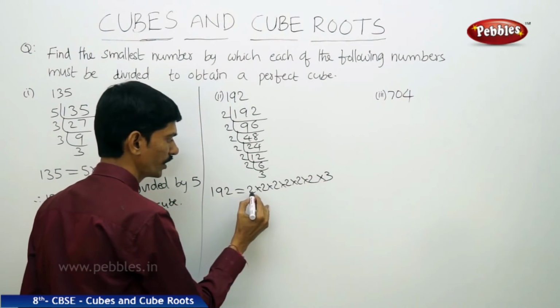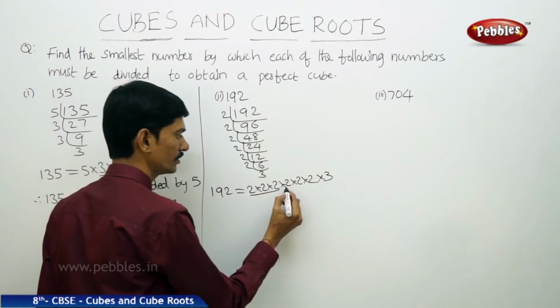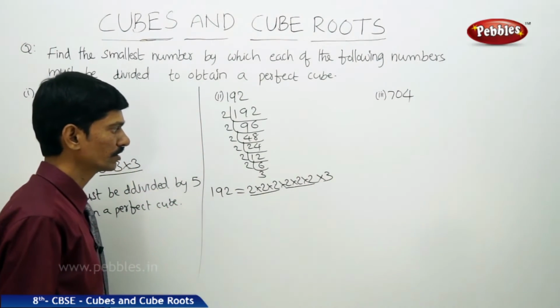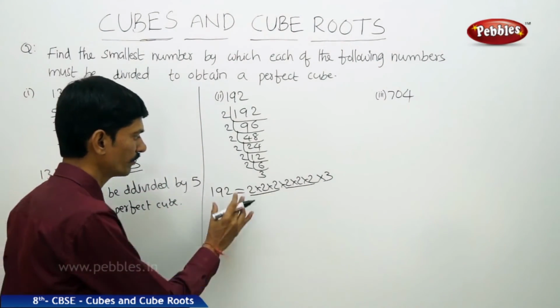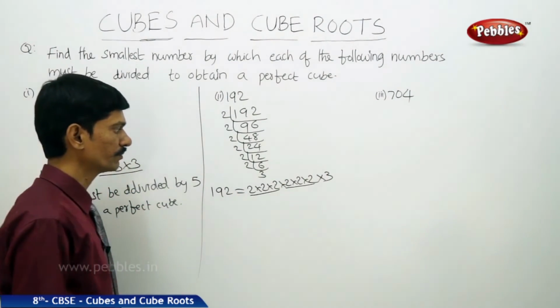Now here the first prime factor 2 occurs 3 times and again 3 times, but there is only 1 3 left there. So the given number should be divided by 3 to obtain a perfect cube.